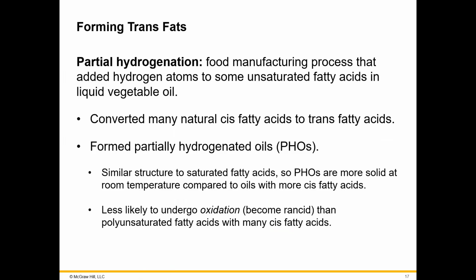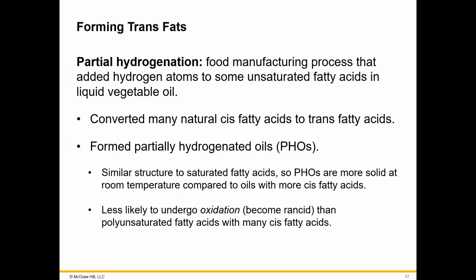This is where food manufacturers on purpose convert a cis fatty acid into a trans fatty acid, and that produces a partially hydrogenated oil. This is beneficial to the food manufacturers because it makes food solid at room temperature and keeps it from becoming rancid quite so quickly.